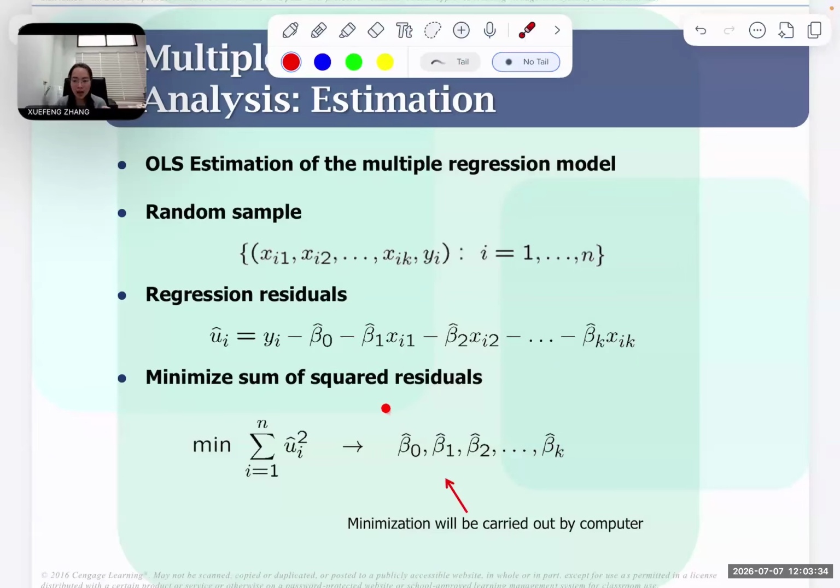The same concept as before, we are just subtracting off more terms now, one for each x. So the OLS job is that we choose beta 0 hat, beta 1 hat, beta 2 hat, all the way through to beta k hat to minimize the sum of squared residuals.